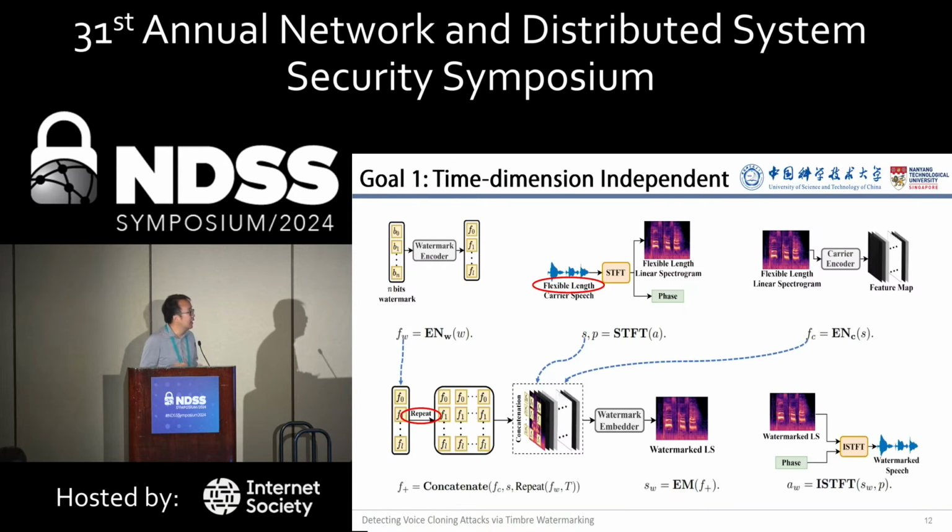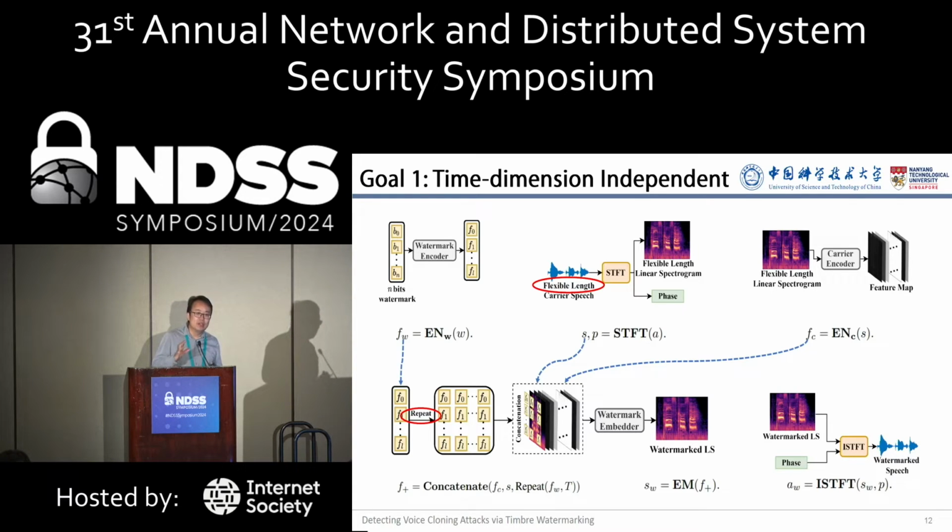The first one: the slide shows how we embed the watermark into the audio. Basically, on the top row, from left to right, we first generate an n-bit secret watermark, and then we use a watermark encoder to extract the features of the watermark.